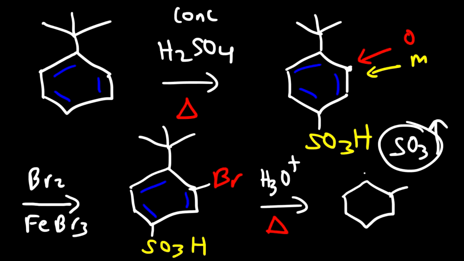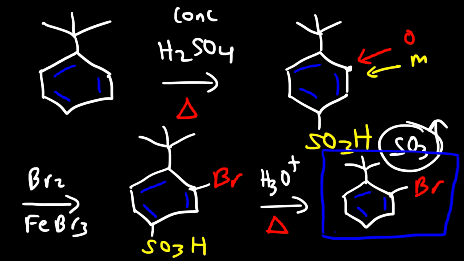And basically, we're going to get rid of the sulfonic acid group, giving us our final product, which only contains the tert-butyl group and the bromine atom ortho with respect to each other. And so that's how we can make it. So thus you can see the advantage of using a blocking group.